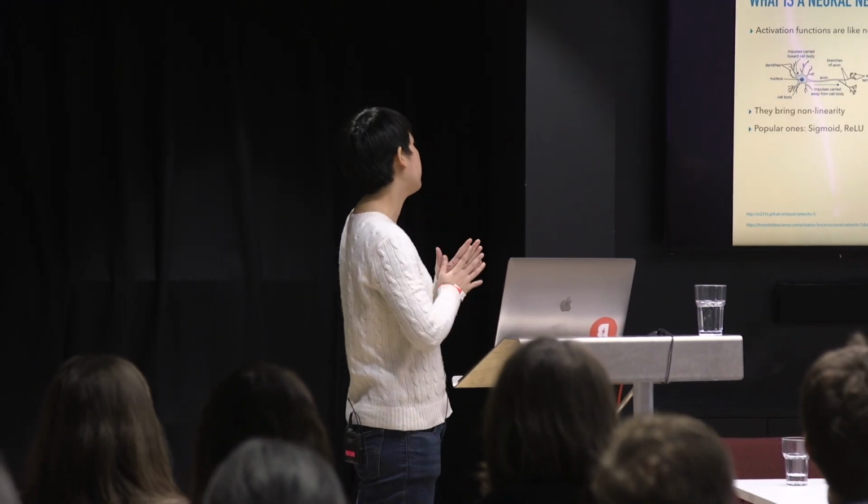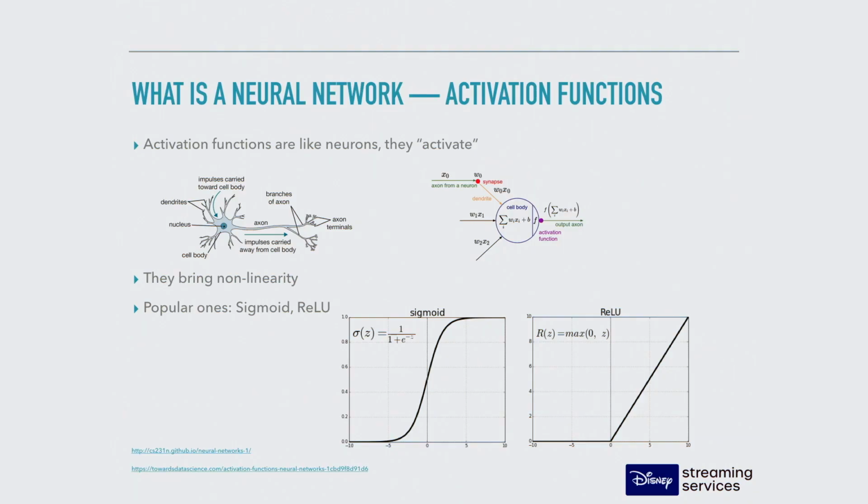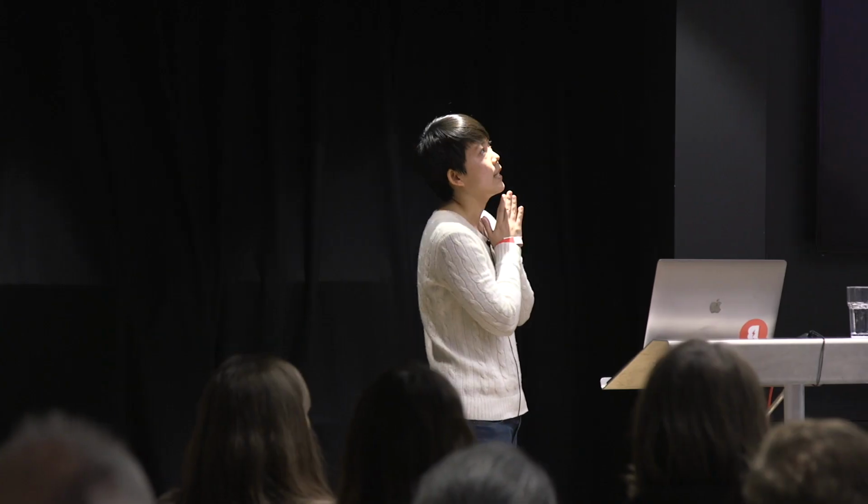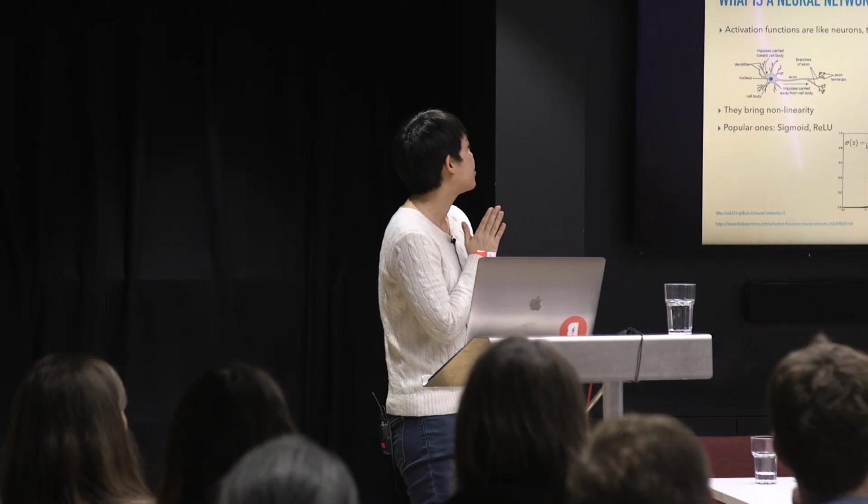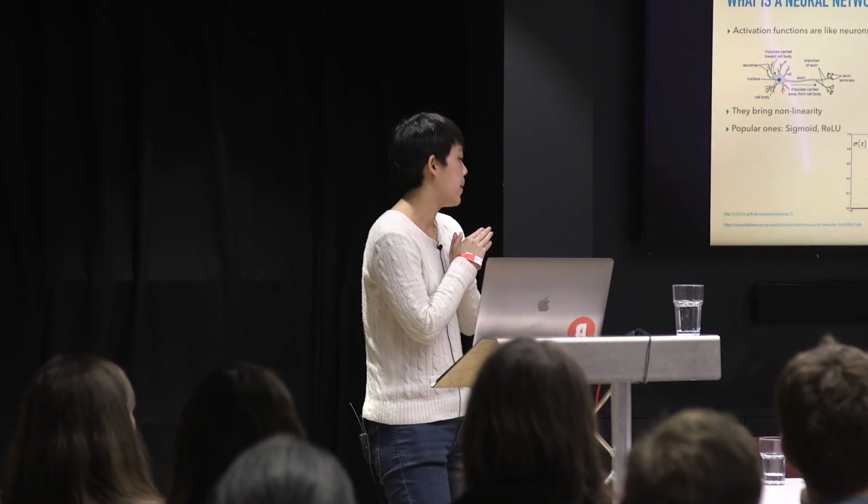Okay, so activation functions. To me, these are the crucial bits because they introduce non-linearity to the whole network. If you just stack a list of matrices, it's essentially just a linear estimator, because if you multiply matrices, you only get a matrix in return.